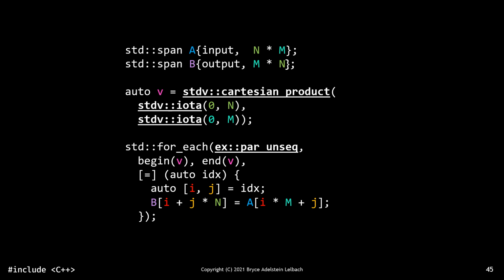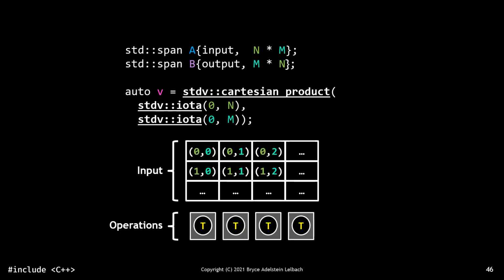For example, here we use this pattern to write a simple parallel matrix transpose. The range will produce two-element tuples from (0, 0) to (n minus 1, m minus 1). The iteration order will be row major. The second index will be contiguous. We can change to column major by switching the order of the arguments to Cartesian product.